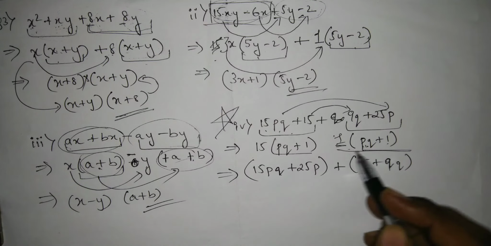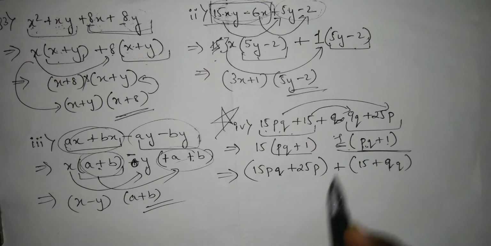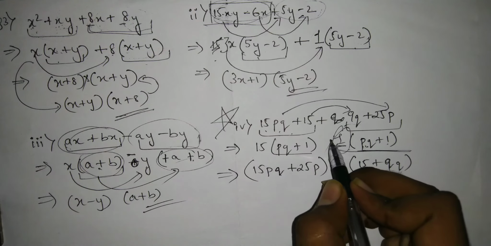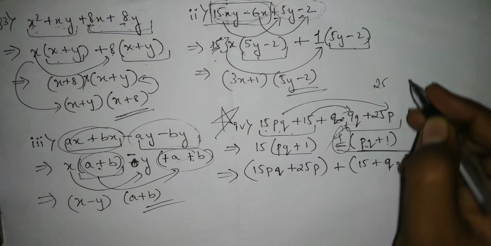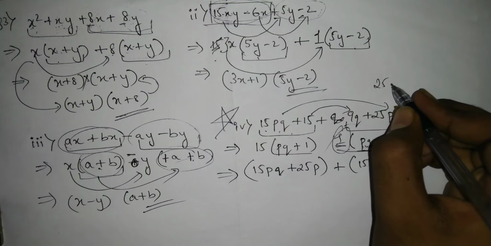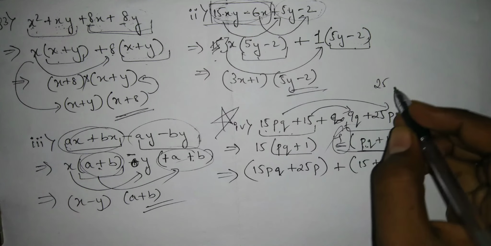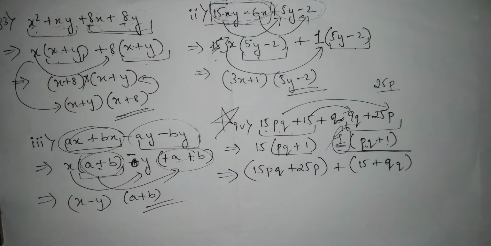I should get pq plus 1 here, and it's not possible because I cannot place a constant here such that you will get it. For that I should place something like 25, some constant, which will be complicated. So it's better to group such terms, and you will get a common factor.